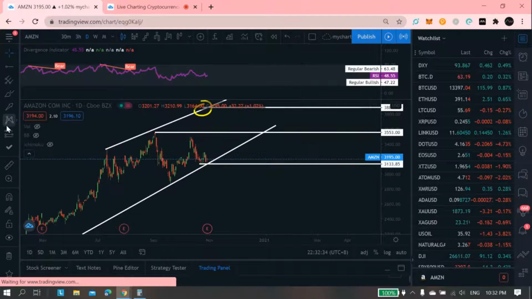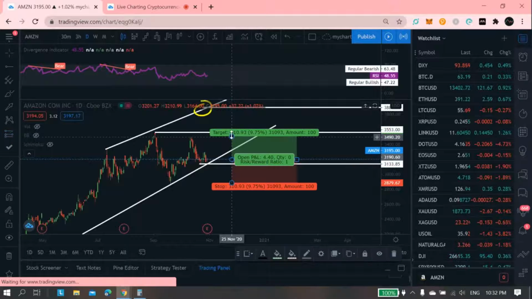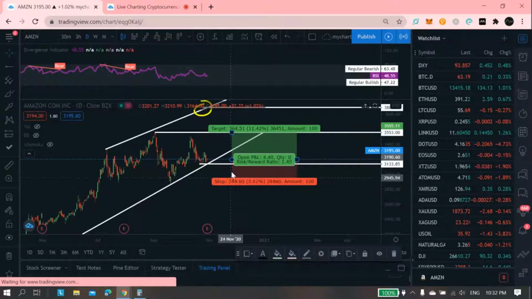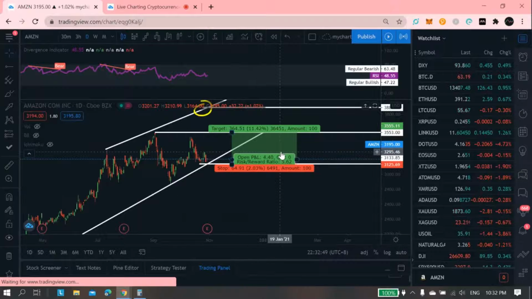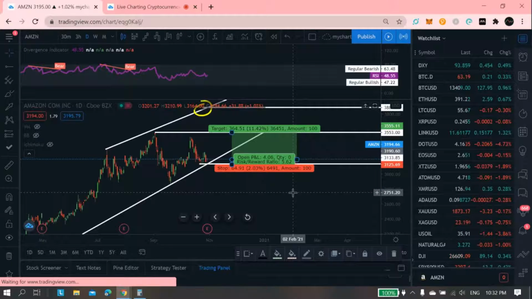If I measure that, for me, because I'm a high risk trader, of course I will trade this. That's a possible risk reward ratio of 5.62, based on my trading strategy. So I think that's it.